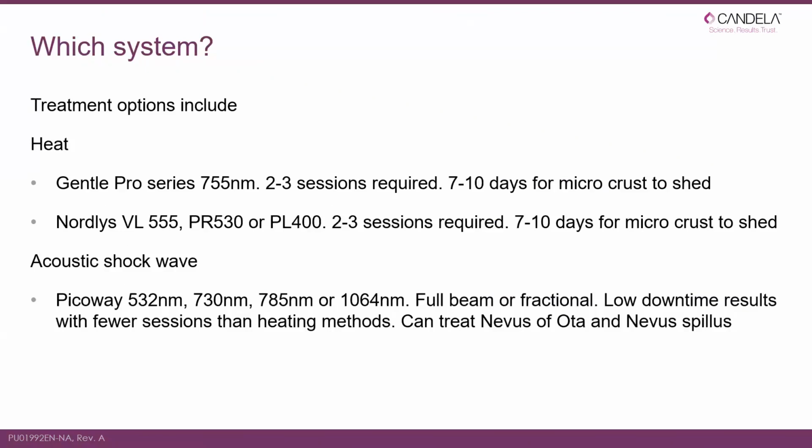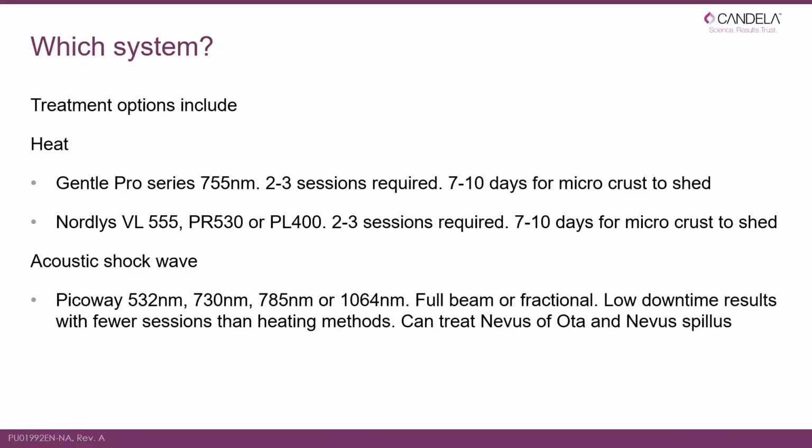So which system? This is always the biggest question I get asked when I'm doing a demonstration of a machine. Which machine do you buy? Well, we're giving you 3 different options. You can either use a system that's producing heat, so either the Gentle Pro series with the 755 Alexandrite, or with the Nautilus, where we have 3 different options of IPL handpieces.